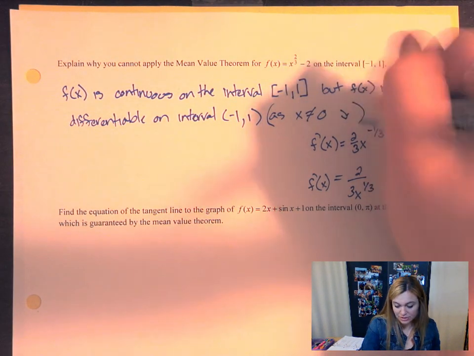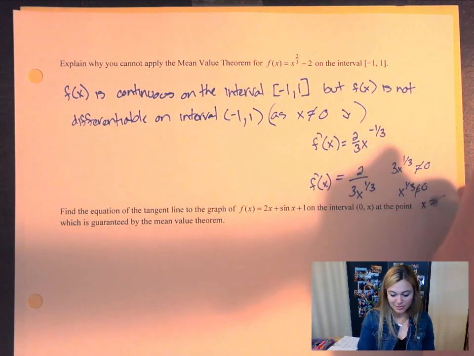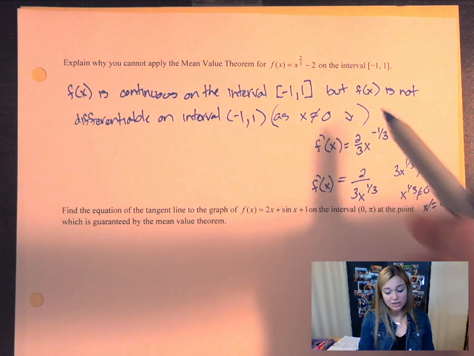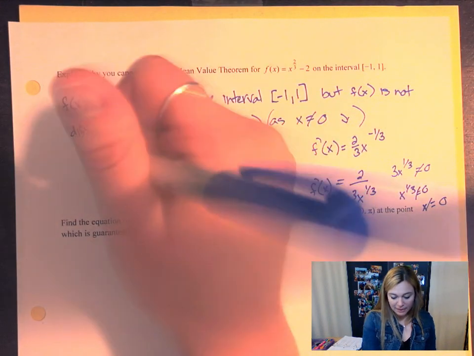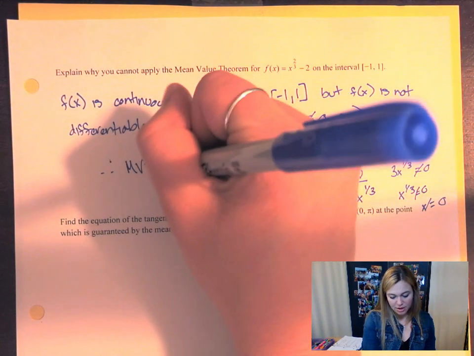And then you're seeing this work below. Okay, so I feel like that explains it. I don't have to go back there and say that x can equal 0 on the original function, because I already said it was continuous. So in this one, therefore, MVT cannot be applied.